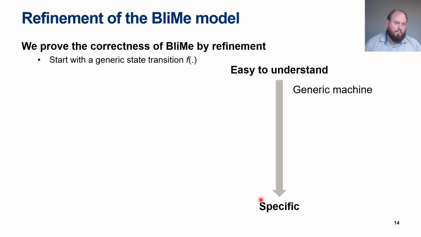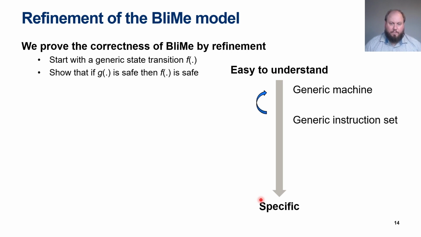And we prove this using a refinement approach. So we start with a really generic state transition that looks at a very generic machine. And then we add more and more details. So we add some kind of generic instruction set and then show that if this generic instruction set state transition G is safe, then the machine that results from that is safe, and so we're okay.